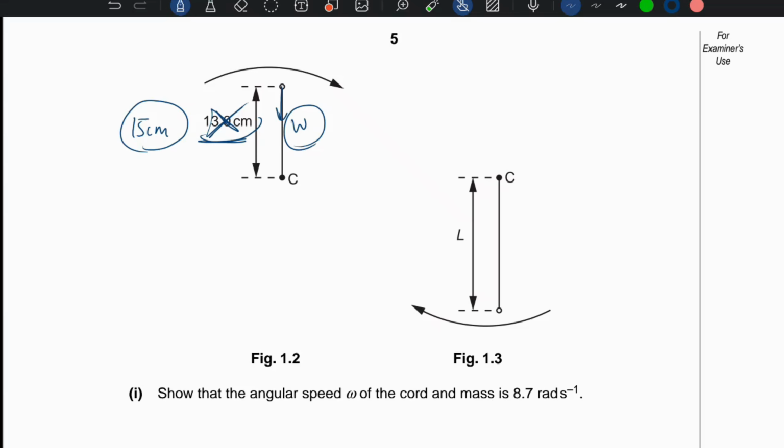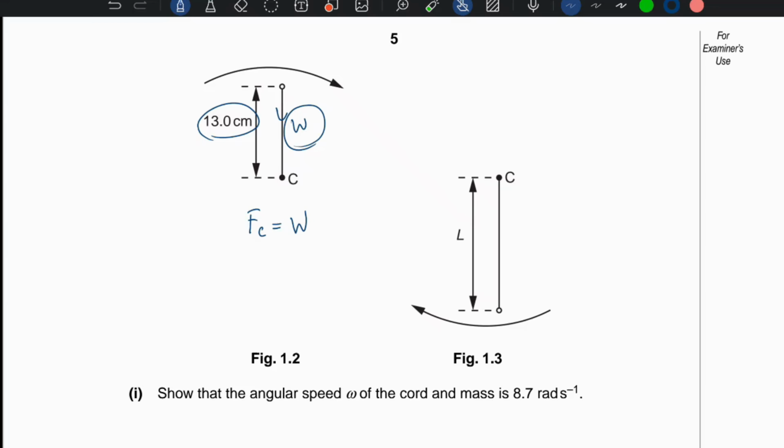So your centripetal force would instead be equal to tension plus the weight at this point if it's an extended length. But in this case, they said when it's above point C, it goes back to its original length. Therefore, your centripetal force is equal to your weight.